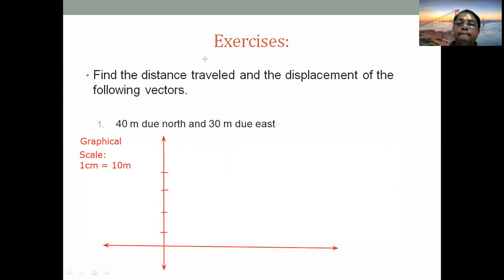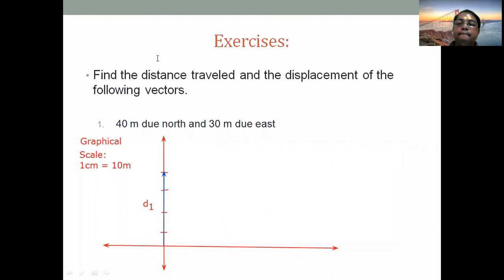If that's equally spaced and properly done, then we label our 4 segments north. So this is now our first vector, D sub 1. What's the value of D sub 1? That's 40 meters north.